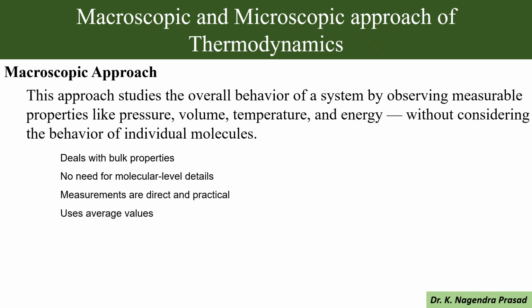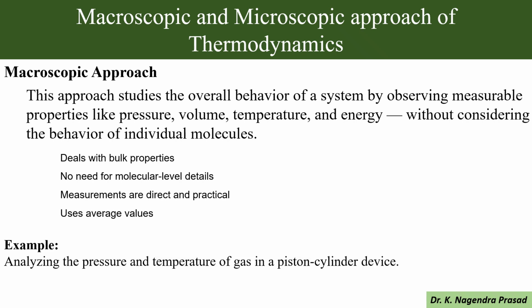The macroscopic approach deals with bulk properties, with no need for molecular level details. Measurements are direct and practical, and it uses average values. Let's see an example: analyzing the pressure and temperature of gas in a piston and cylinder device.